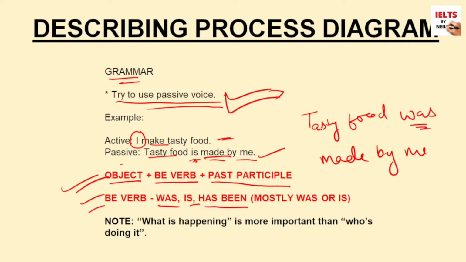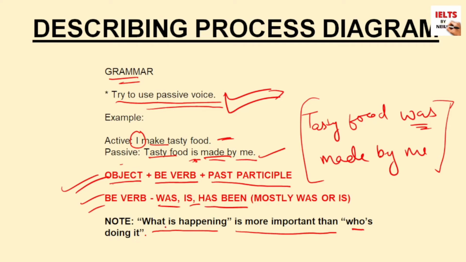All right, so the thing is, we have to try to write the process diagram in passive voice as much as you can. Because one important thing for the process diagram is that what is happening is more important than who is doing it. The person who is doing it is not important in process diagram or in passive voice.